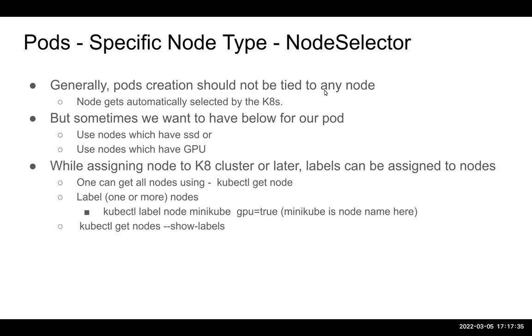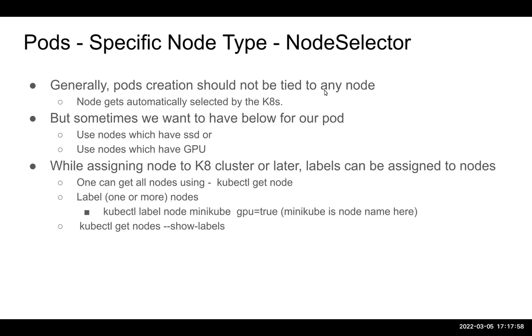Because you want certain pods to be created only on those nodes which have those labels. As a principle, you should not be tying your pods to labels, because when pods crash, Kubernetes will start that pod automatically. So it should be able to give any node to that pod. That pod should be able to get started on any node.